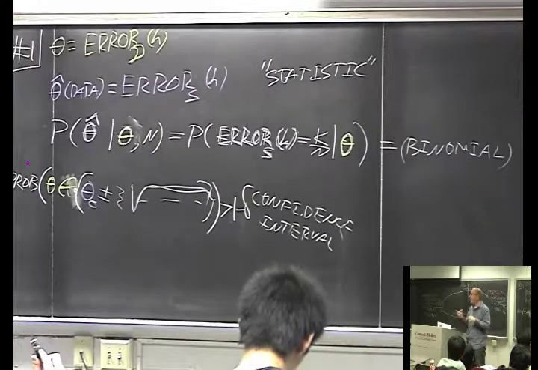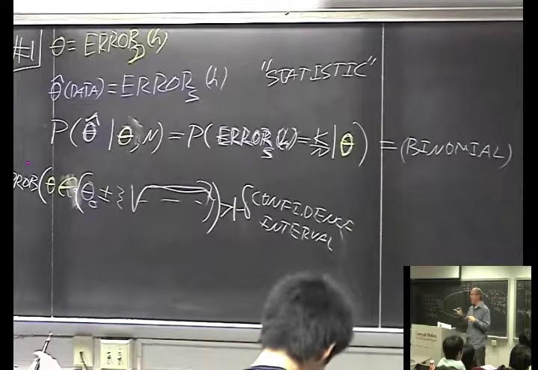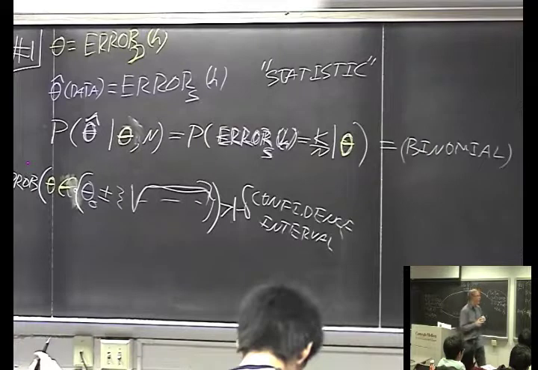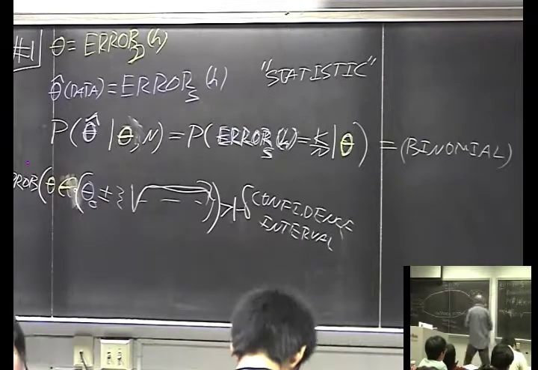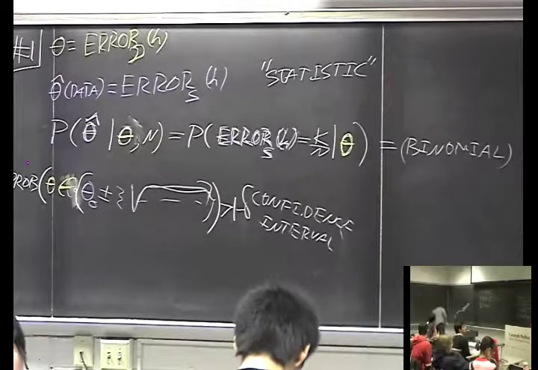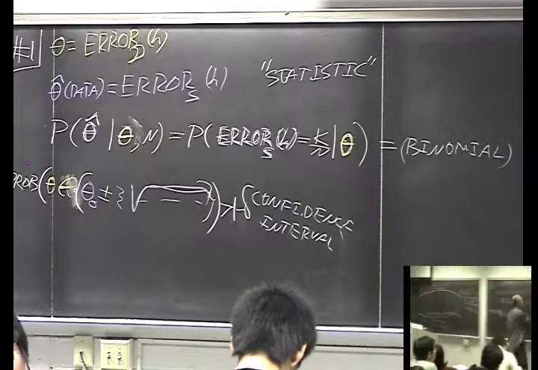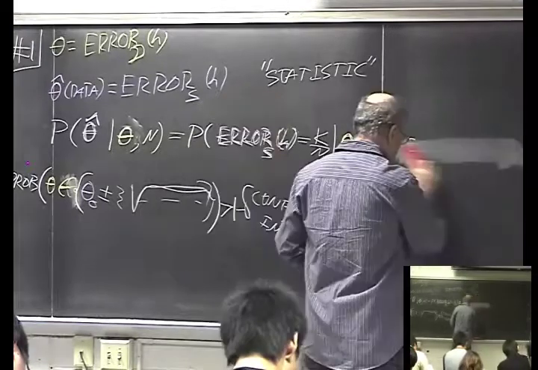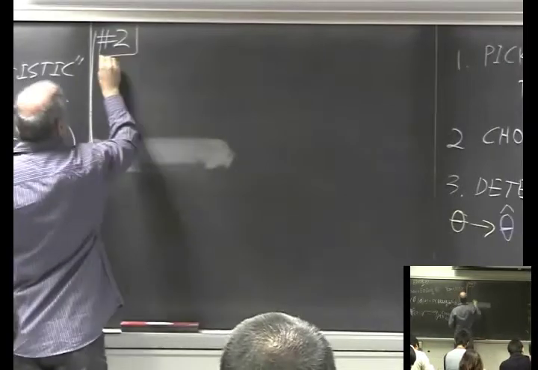Sorry? I hear something? H1 minus H2. You mean the true error of H1 minus the true error of H2. Yes, so that's what we're going to do. Number 2.